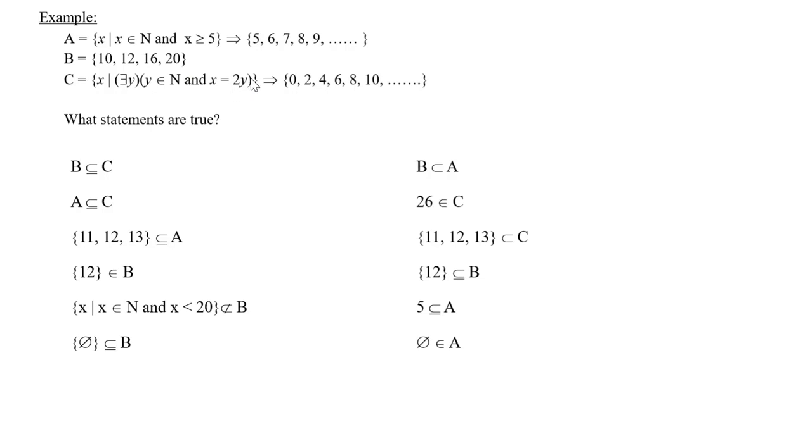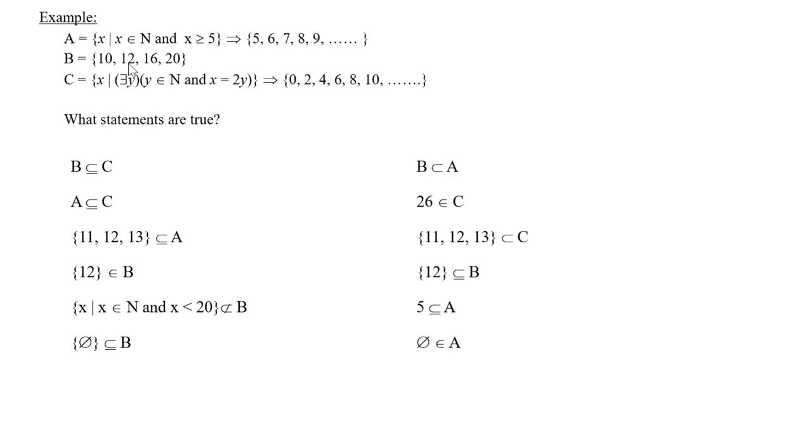That means 2 times whatever natural number, 2 times 0, 2 times 1, 2 times 2, which is 0, 2, 4, 6, 8, 10, and so on. So let's see, is B a subset of C? Is B belonging to C?